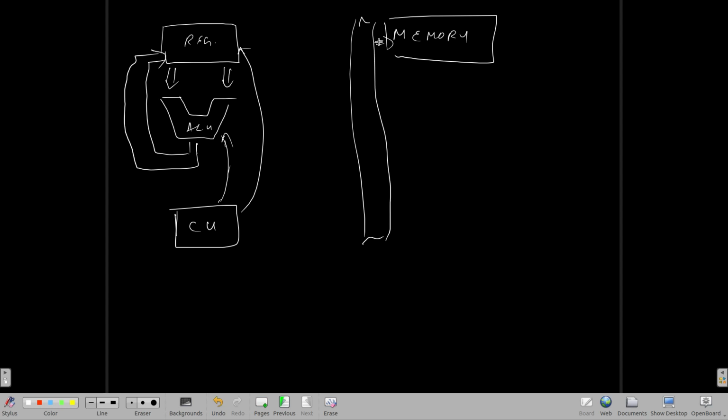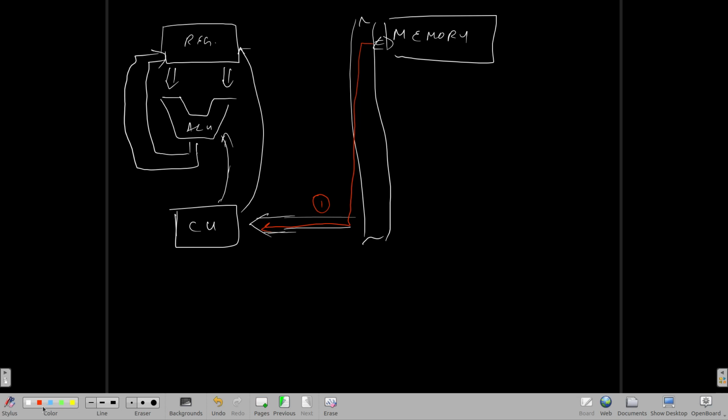From the memory, instructions are taken and given to the control unit. I'm simplifying it a little bit; in between, some other components are there, but for the sake of simplicity, let's say that instructions are taken from the memory to the control unit. Let's call this step 1.